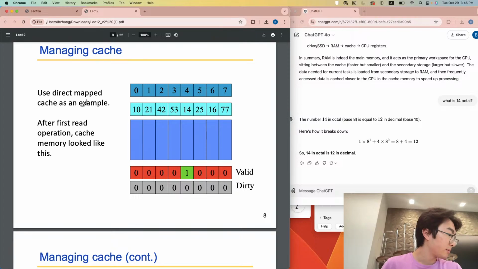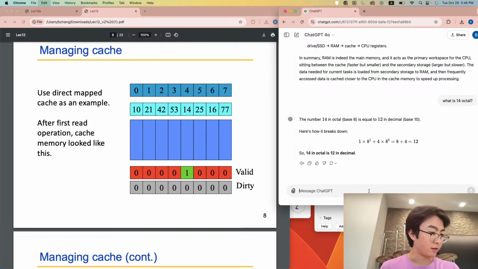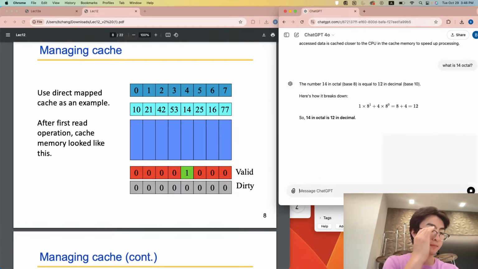Okay. And I want to get some clarification here. What are the valid and dirty bits? What do the valid and dirty bits do here?